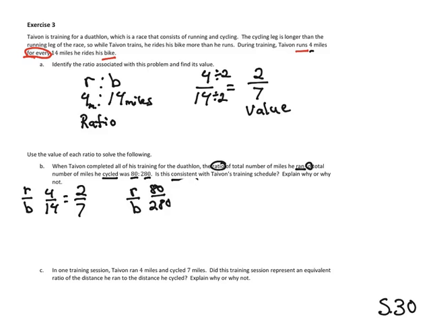So let me get rid of my writing here. What can I divide top and bottom by initially when I am simplifying? Well, because there are zeros on the end, I can automatically divide them by 10. And that will leave me with 8 over 28. Now, because they're even numbers, I can divide them by 2.